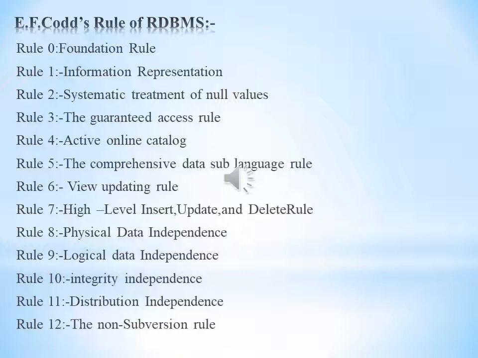Rule 2. The systematic treatment of null values. Null values, distinct from character strings or strings of blank characters and distinct from 0 or any other number, are supported in fully relational DBMS for representing missing information and inapplicable information in a systematic way, independent of data type. In a database, null values must be given a systematic and uniform treatment.